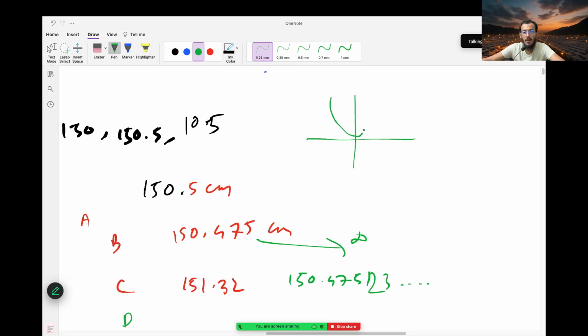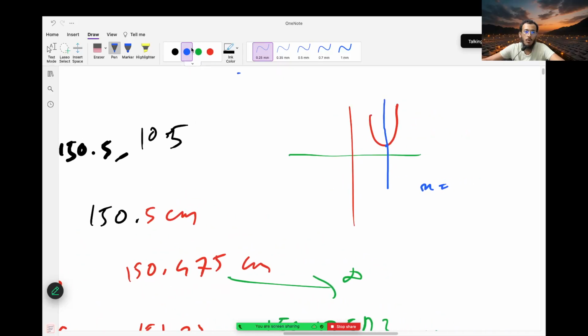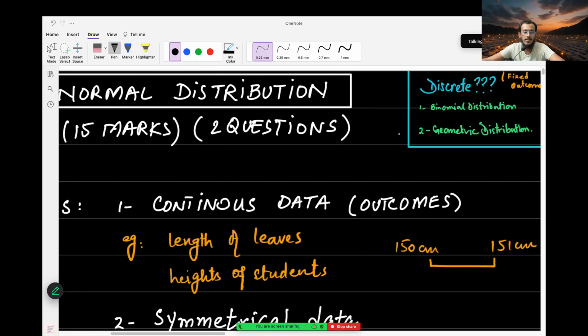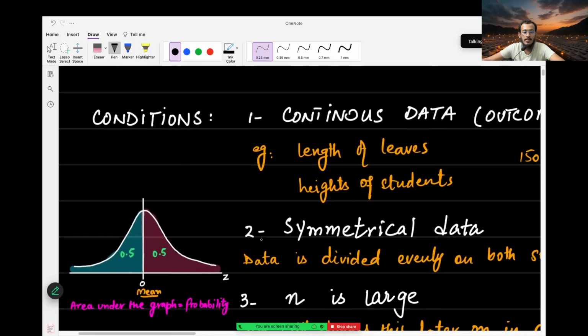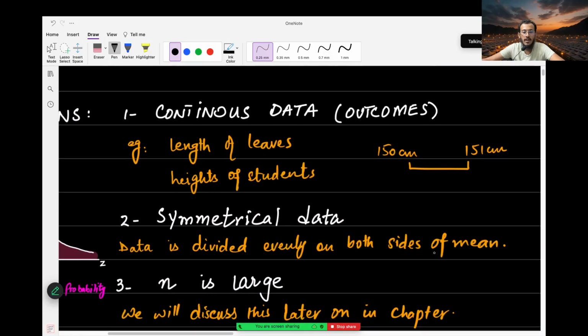For example, if you have a parabola, we know that the line of symmetry is x equals the x-coordinate of the vertex. So what is the purpose of line of symmetry? It divides the entire thing into exactly 2 halves, right? Such that one side is a mirror of the other side. So similarly, symmetrical data means data is evenly divided on both sides of the mean.